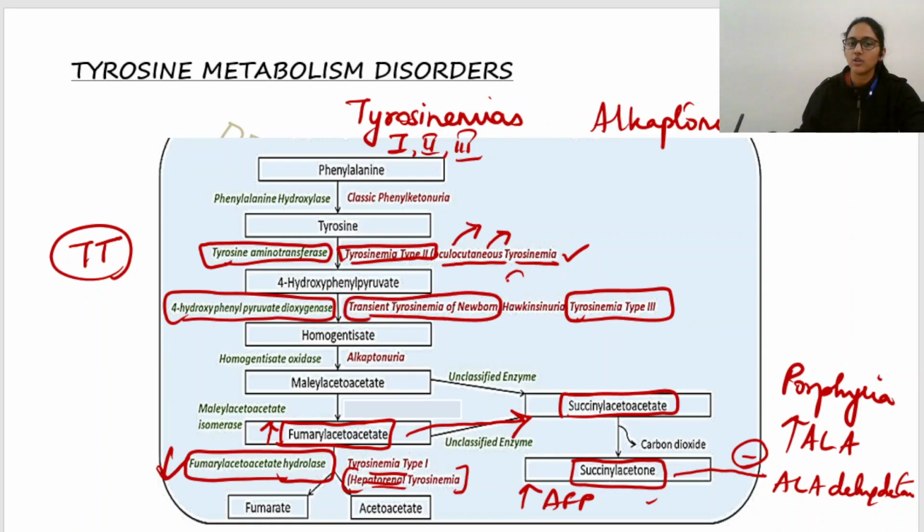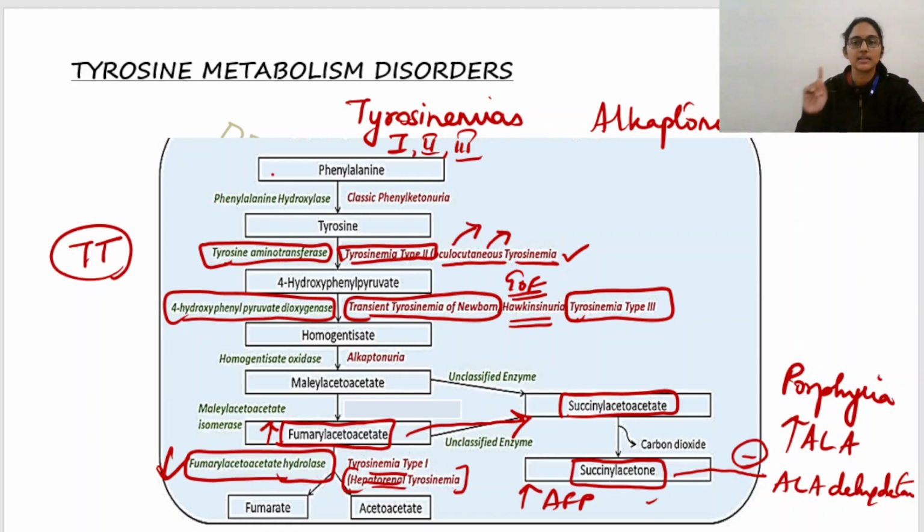When there is a gain of function mutation, with stimulation of this enzyme, that will lead to Hartnup. So these are the different tyrosinemias.